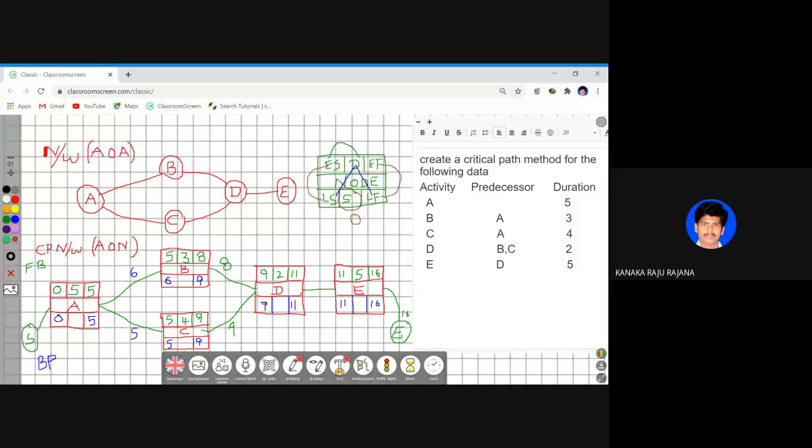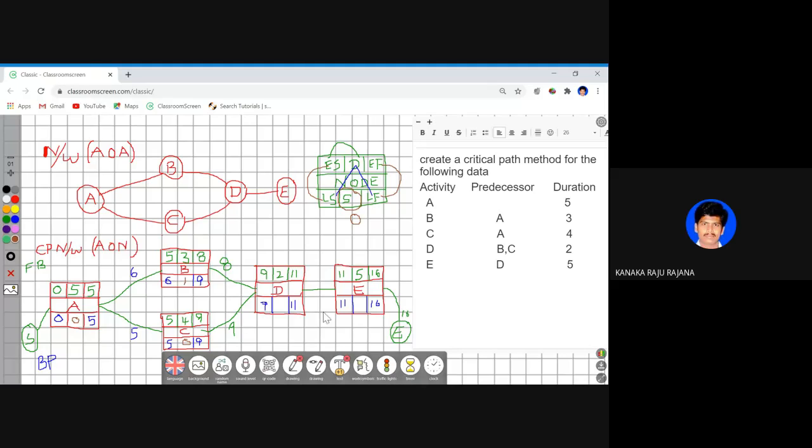What is the slack of this A activity? 0 minus 0, 5 minus 5, which is nothing but 0. What about this? 6 minus 5 is 1, 9 minus 8 is 1. What about this? 5 minus 5 is 0, 9 minus 9 is 0. If you observe one more important thing, both will be the same. Whether you subtract early start and late start, or you subtract early finish and late finish, the value will be the same.